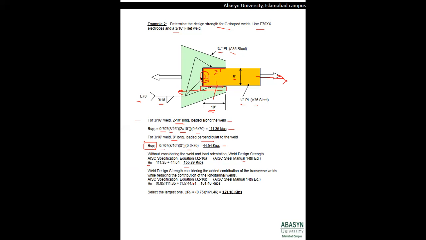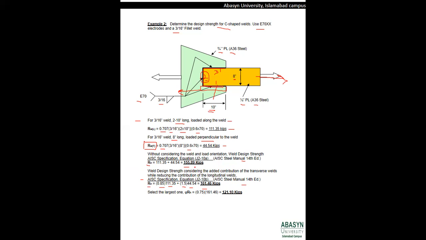Similarly, if we use equation J2-10b of the AISC manual, 14th edition, the nominal strength comes out to be 0.85 times the strength of the weld loaded along the weld plus 1.5 times the strength of the weld loaded perpendicular to the weld, and it comes out to be 161.46 kips.